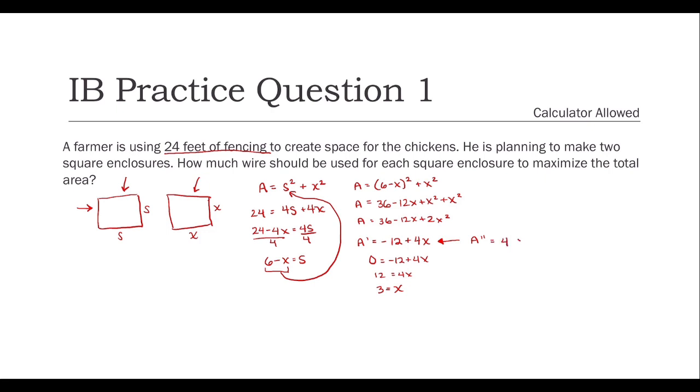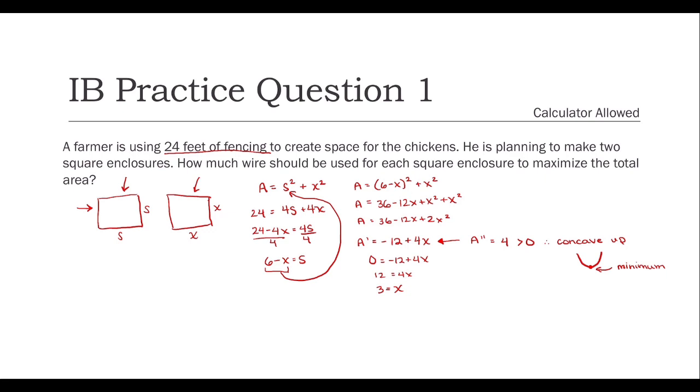So since this is greater than 0, our function is going to be concave up because it's positive. Concave up looks like a cup, so like this. So what we have here is actually a minimum. So this would be how they minimize area. So we definitely don't want our side length to be 3.